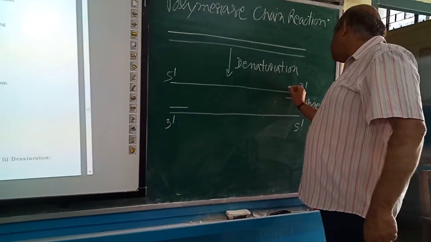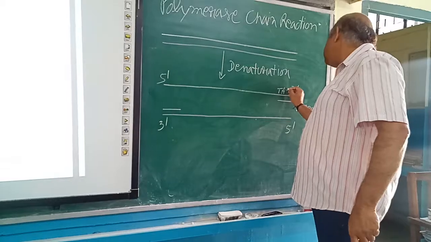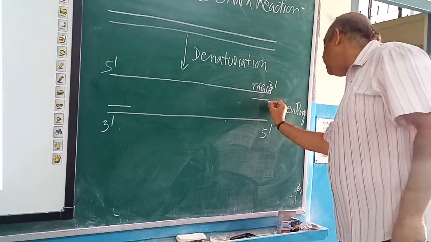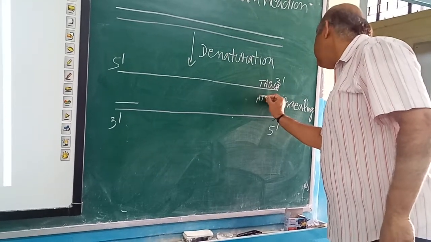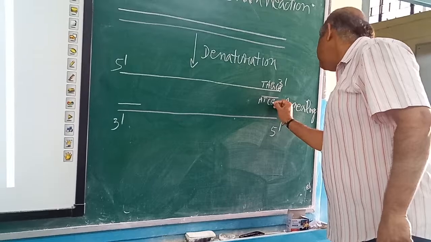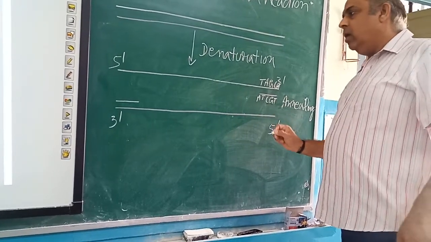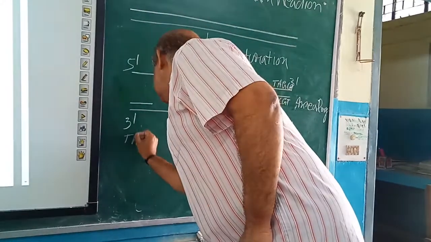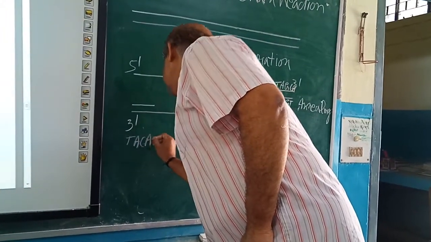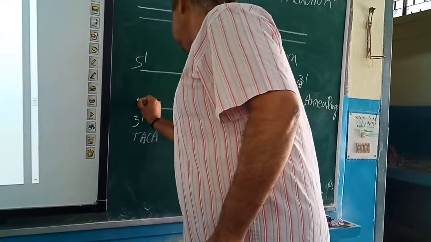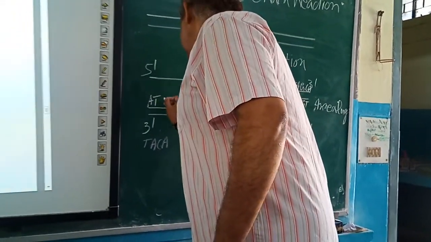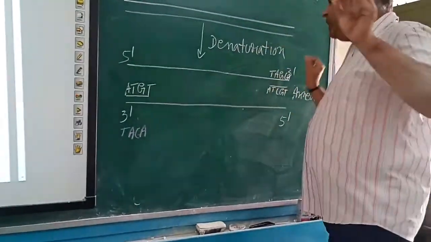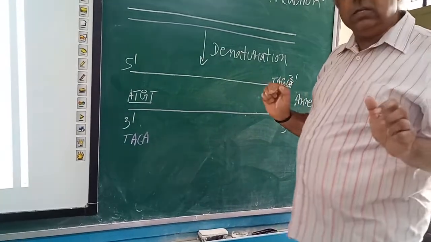Suppose here the sequences are T, A, G, C, A. The primer should have A, T, C, G, A, T, G, T, so that it can attach at the 3' end.